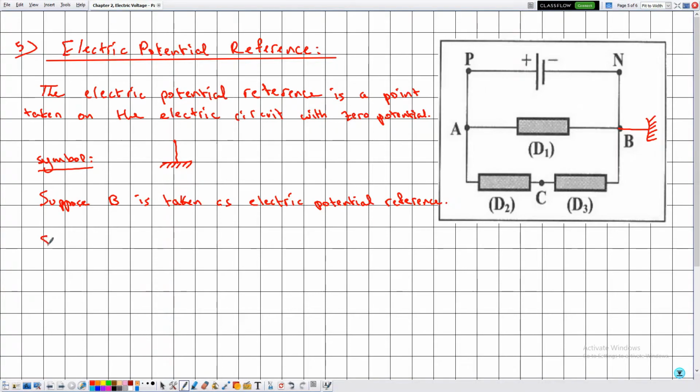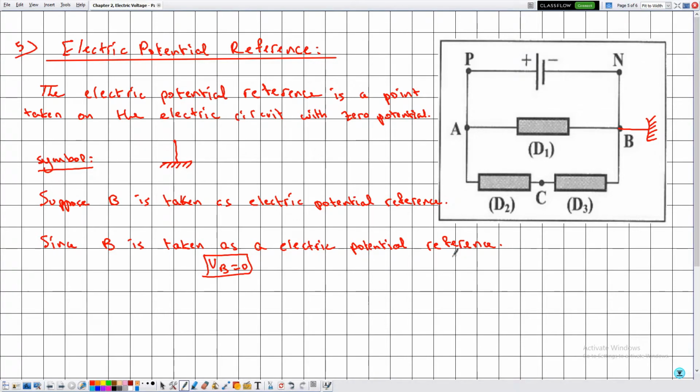So since B is taken as an electric potential reference, we have in this case that VB, the potential at the point B, is equal to 0.